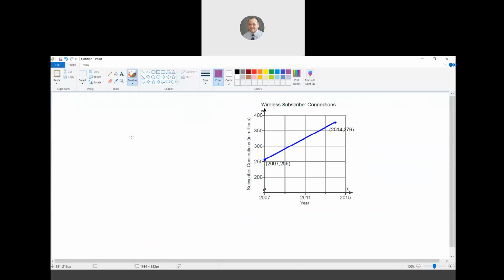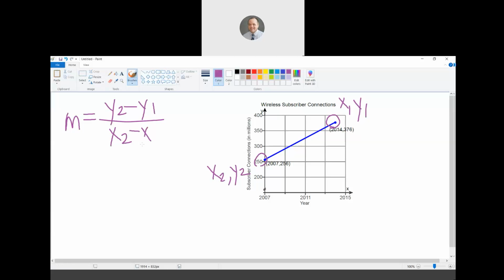In no particular order, I'll just label the top point up here x sub 1 and y sub 1, and label the bottom point x sub 2 and y sub 2. Let's write down our slope formula first, and plug in everything.